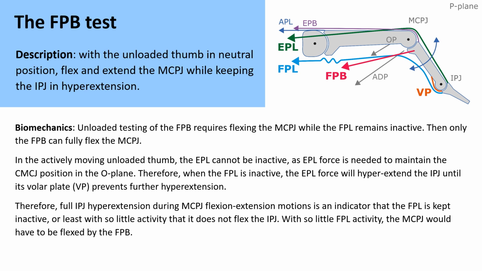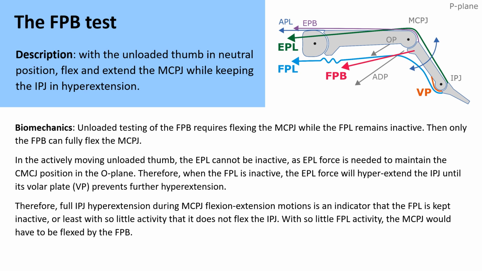Description: with the unloaded thumb in neutral position, flex and extend the MCP joint while keeping the IP joint in hyperextension. Biomechanics: unloaded testing of the flexor pollicis brevis requires flexing the MCP joint while the flexor pollicis longus remains inactive. Then only the flexor pollicis brevis can fully flex the MCP joint.